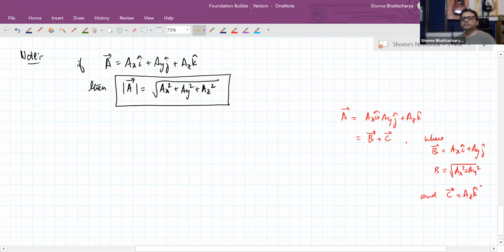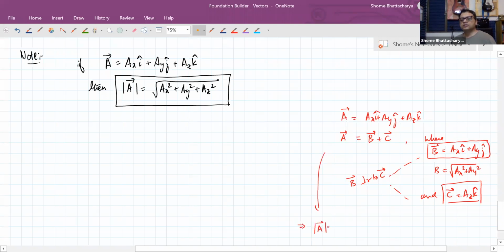If we define B and C like this, the interesting thing you can see is that B is perpendicular to C, because B is lying in the xy plane and C is along the z axis. So mod of A should be equal to mod of B plus C, and these two vectors are perpendicular to each other.